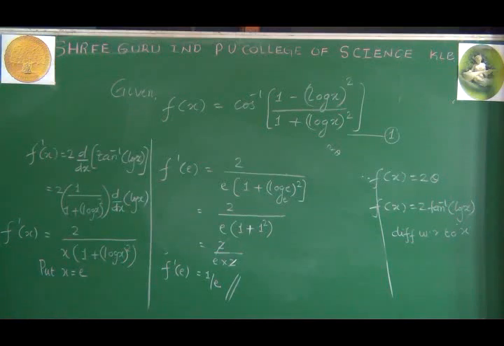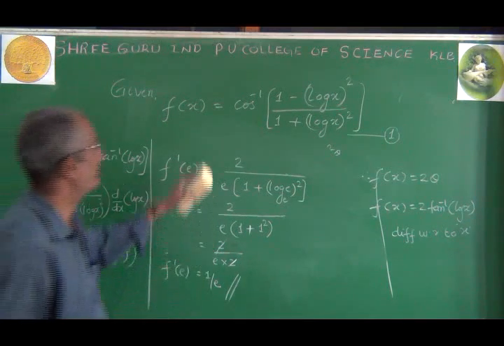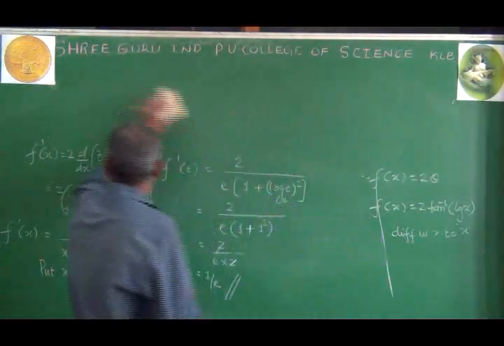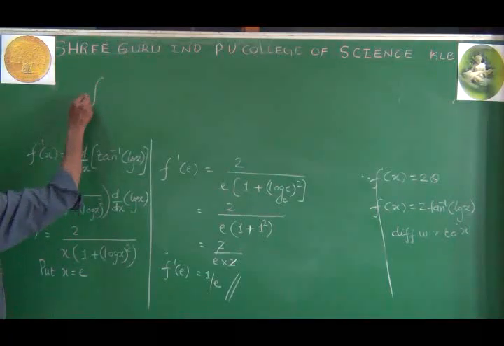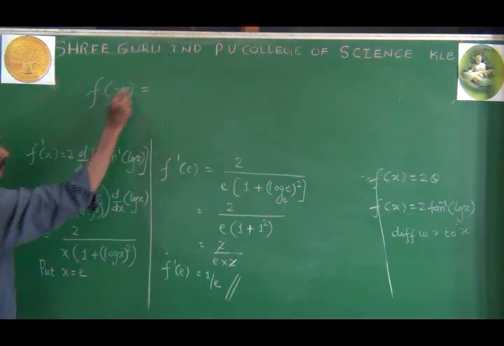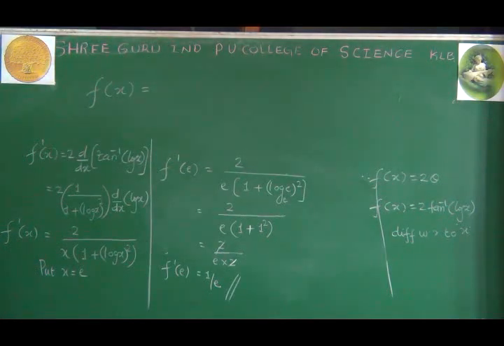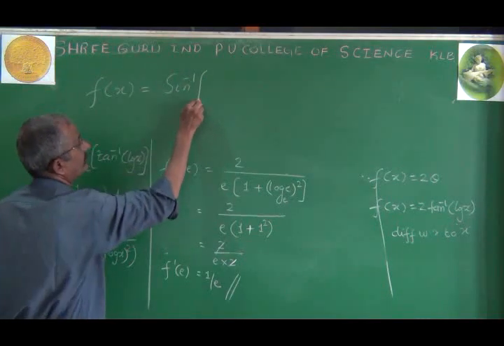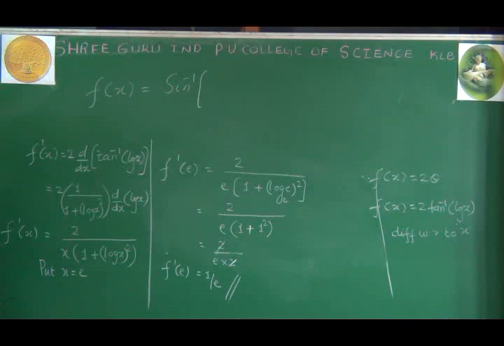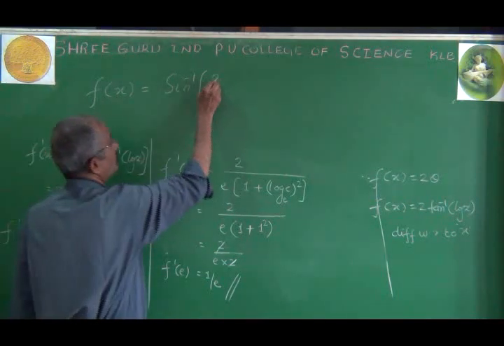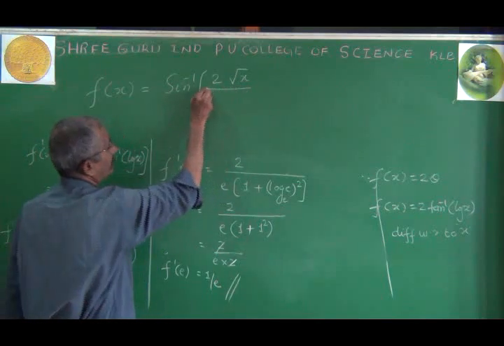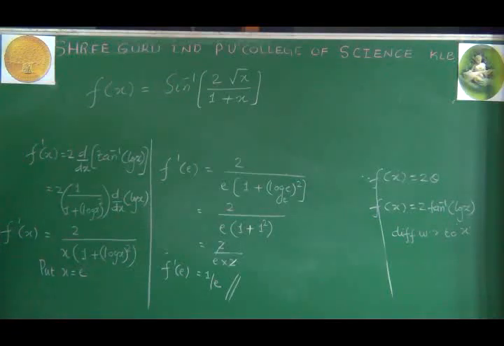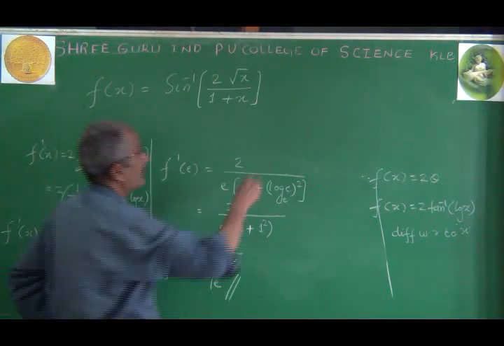Next question, under continuation. So next problem, under method of substitution: if f of x equals sine inverse of 2 root x whole divided by 1 plus x, then find f dash of x or dy by dx.